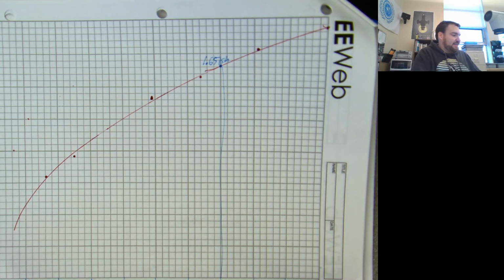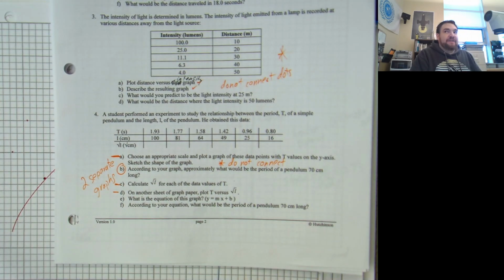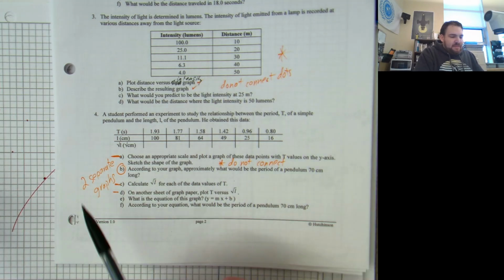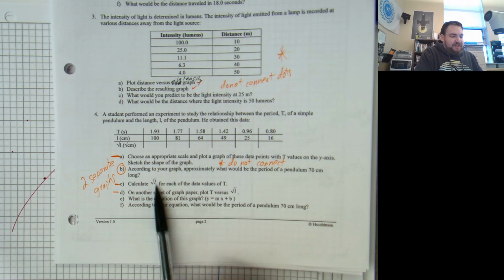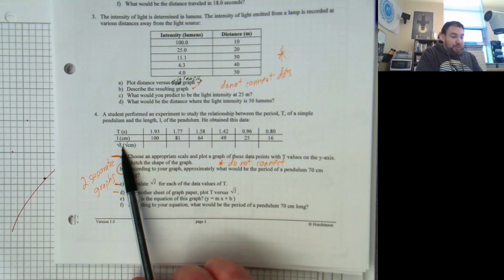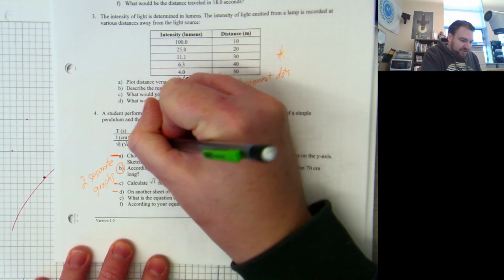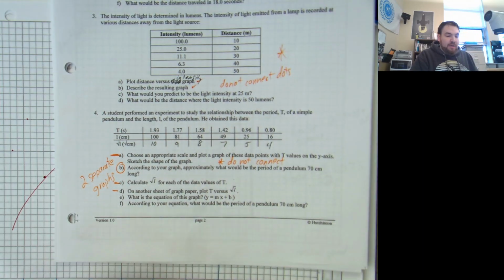And how we know that is through a bunch of different mathematical techniques that we use to try and figure out what the relationship actually is. It seems kind of random, but that's because I know what the relationship is. Calculate the square root of the length for each data value of T. So the length is 100, the square root's 10, 81 is 9, 64 is 8, 7, 5, and 4.